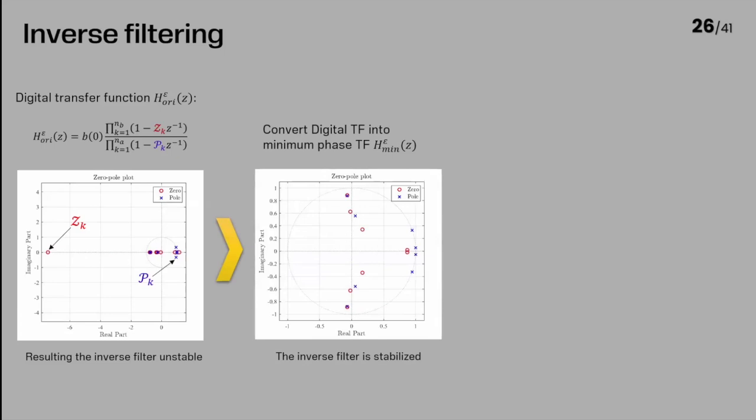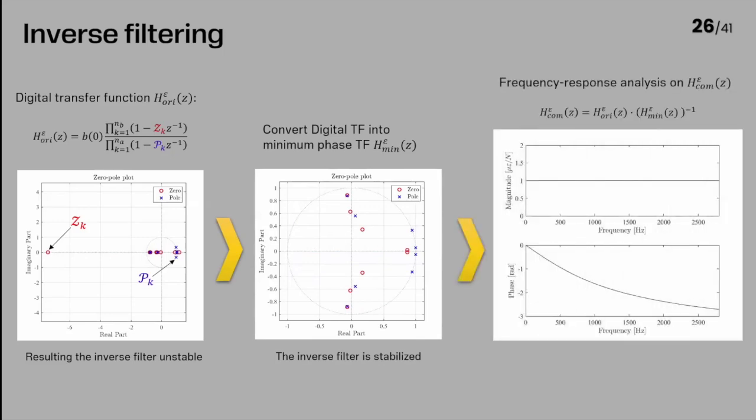To resolve this problem, we convert this digital transfer function into its minimum phase equivalent, ensuring all these zeros and poles stay inside the unit circle, and thus stabilizing the inverse filter.